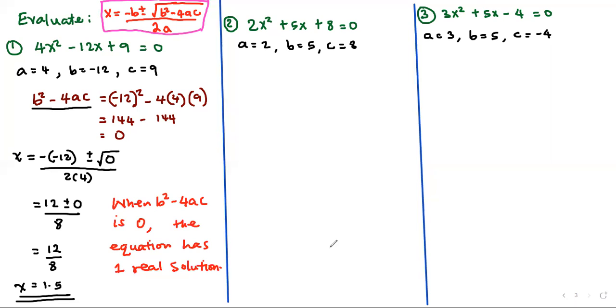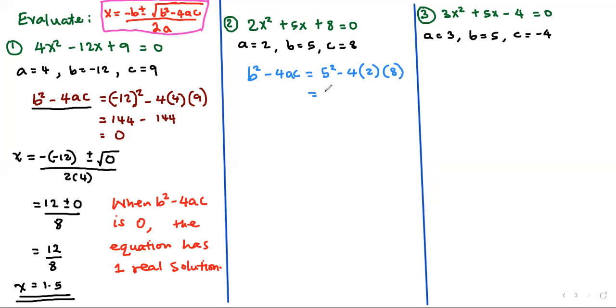Okay, now let's check out part 2. How will it be? So now let us have b squared minus 4ac. Okay, b is 5, so that will be 5 squared, minus 4 times a, which is 2, times c, which is 8.